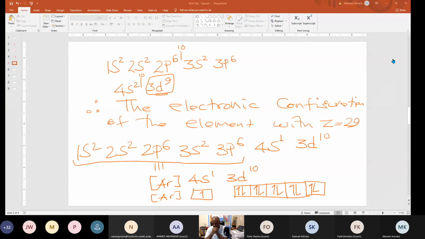But then it is said that while writing the electronic configuration to the nearest noble gas, the d should be half or fully filled. So if it is d3 and then we have 4s2, are we going to remove both electrons to make the d half filled, or we're just going to remove one?